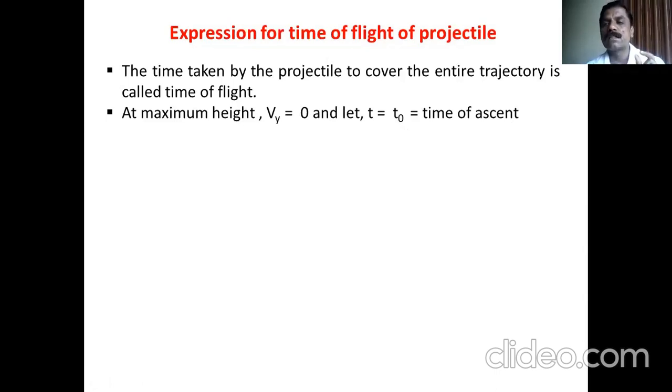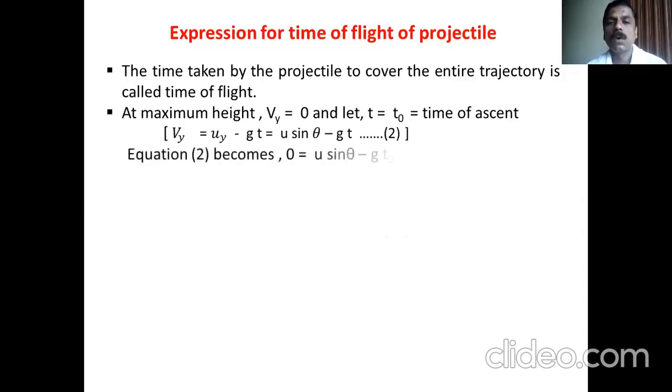So here we are considering the maximum height, that is the point P. Velocity at that point is 0 and the time required is taken as small t, which is T0. Now here we can take the help of the second equation, which is related to the vertical axis. We have already seen this equation, and in this equation now we can put the values.